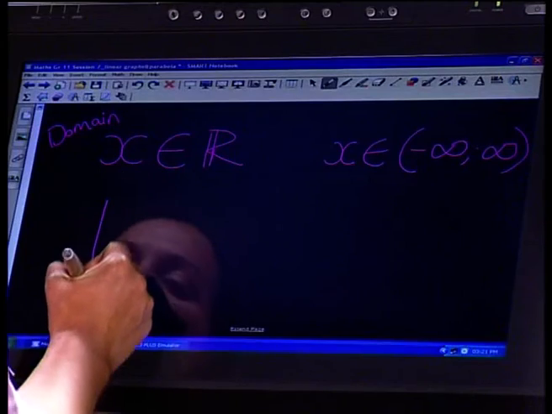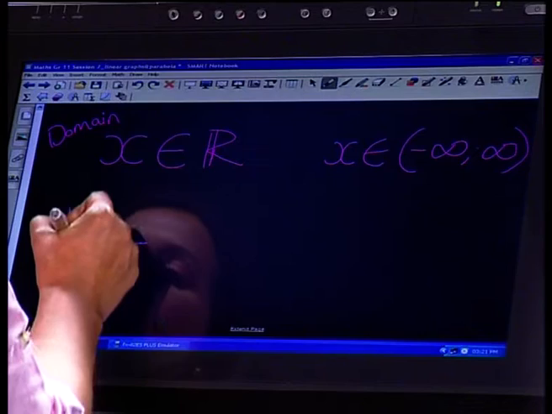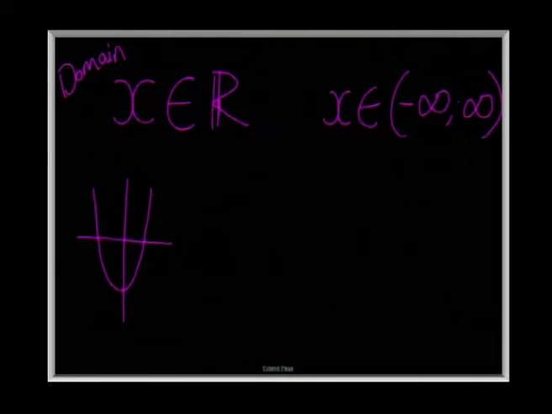Your range is found in much the same way. However, it's a good idea to look at the function before labeling it. If we were to, say for instance, look at a function that had a positive a value, so it's going up, and had a turning point of (0; negative 3), your function will be going up from negative 3. So the lowest point it will be is negative 3, but it will be higher than or equal to that value.